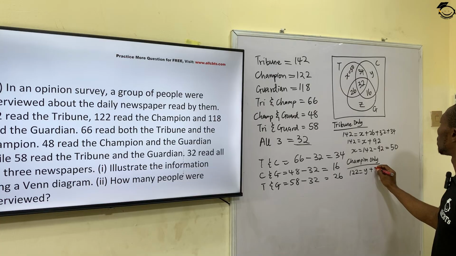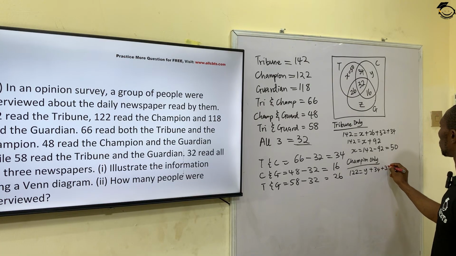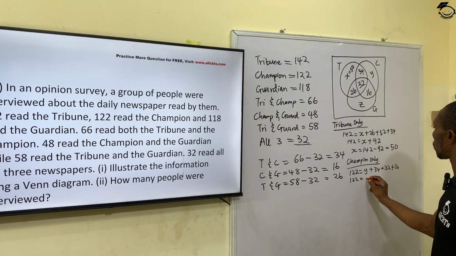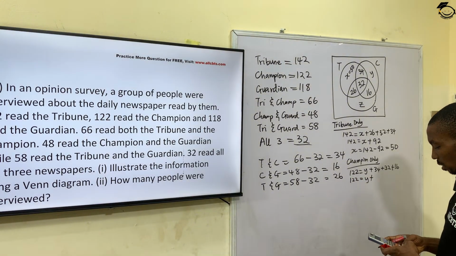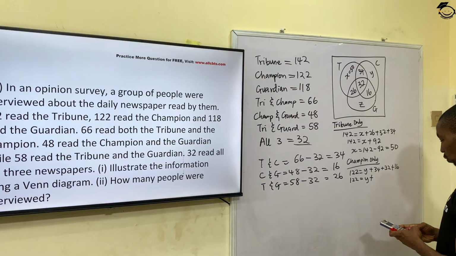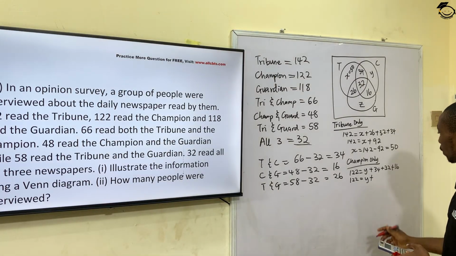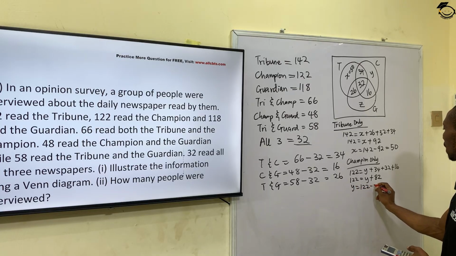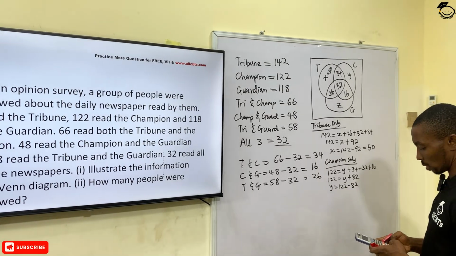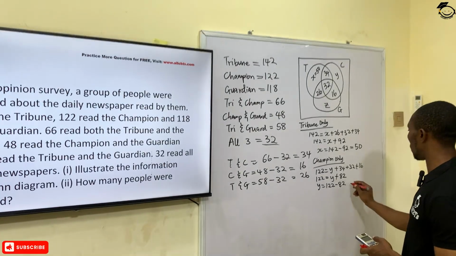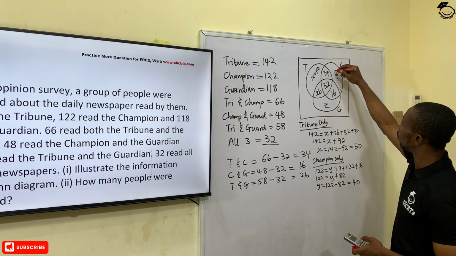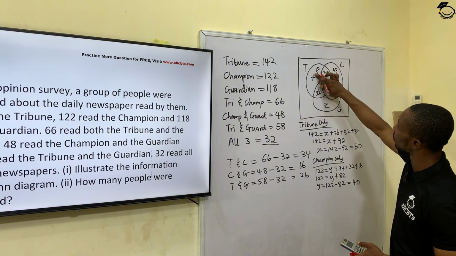Y plus 34 plus 32 plus 16. So 122 equals y plus 82. So y equals 122 minus 82, which would give us 40. So those that read Champion alone are 40.